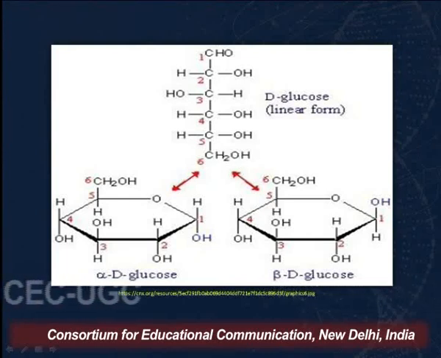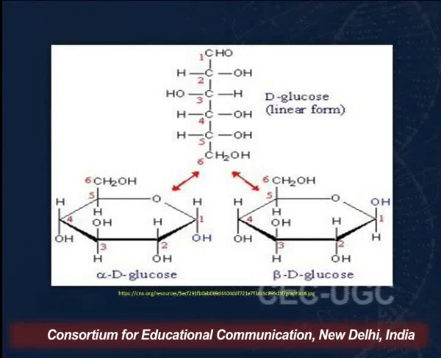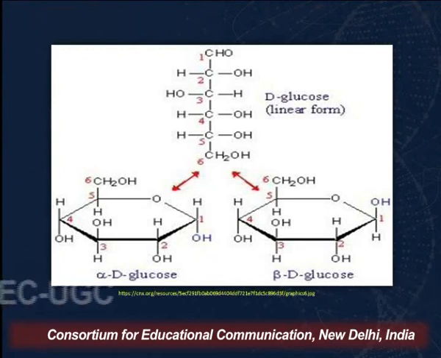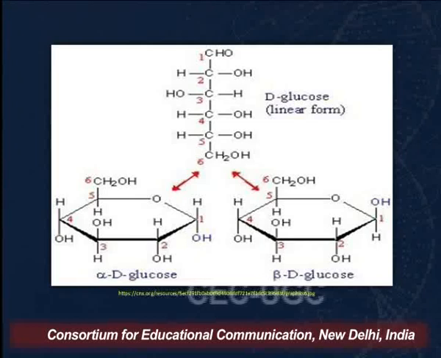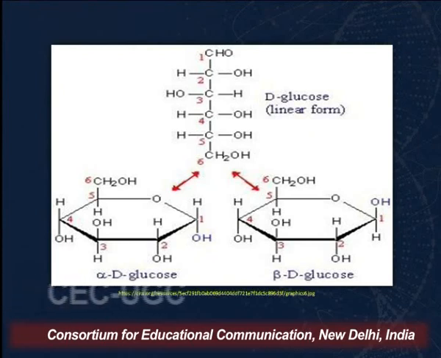Since they are existing in dynamic equilibrium, suppose we add a reagent which reacts with the open chain form of glucose, then the mixture will behave as though it is made up of only the open chain form.